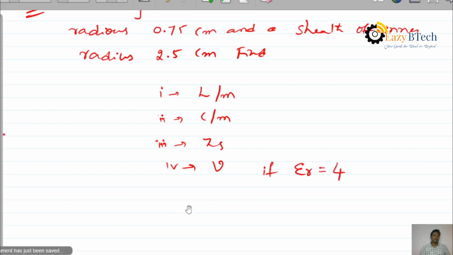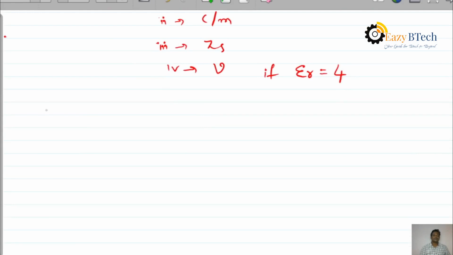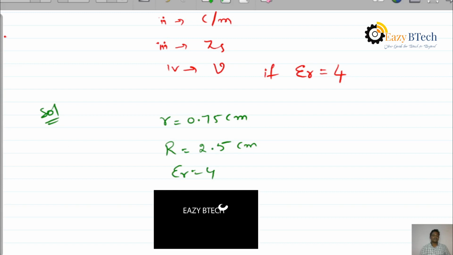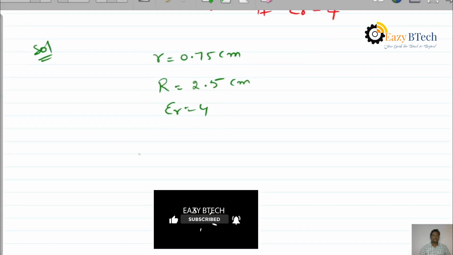Okay, now for the solution. They provided the conductor radius 0.75 centimeters, the outer sheath radius is 2.5 centimeters, and epsilon r value is 4. We know the formula for inductance.